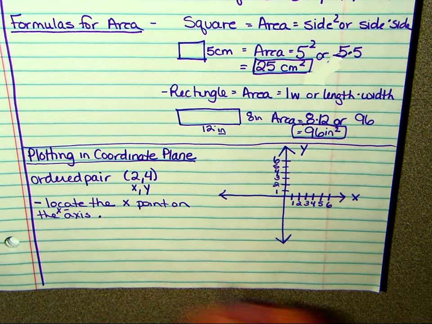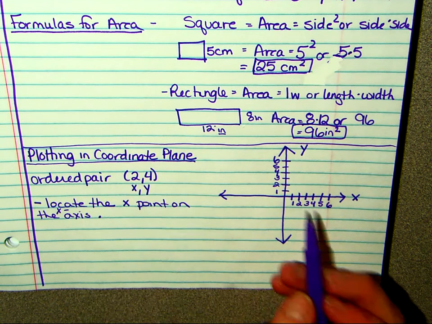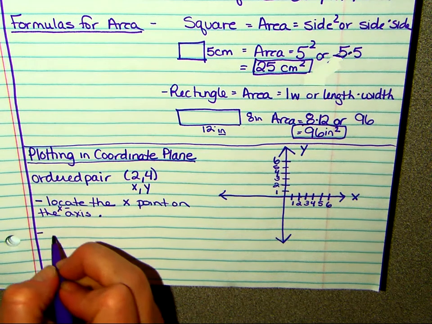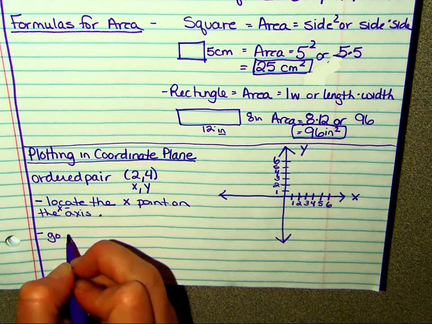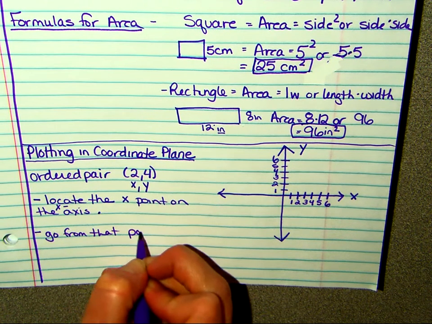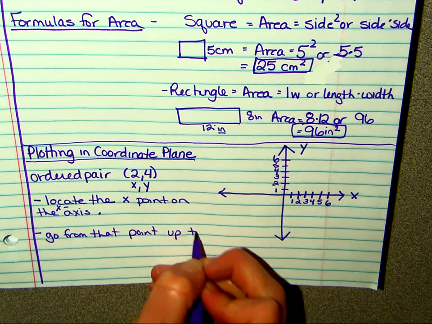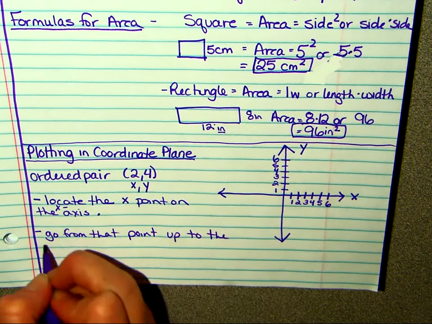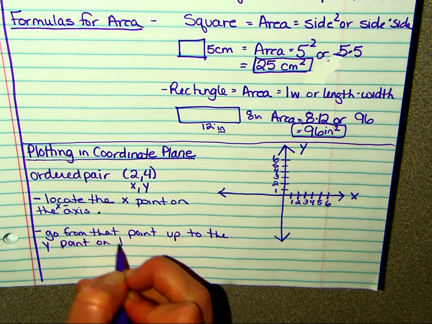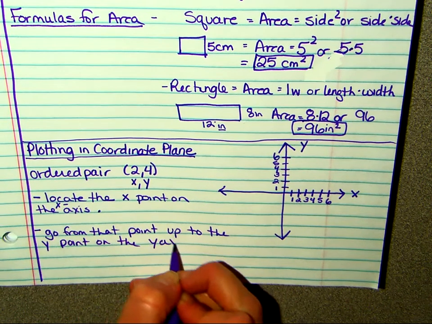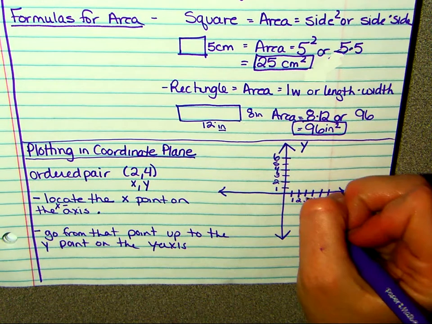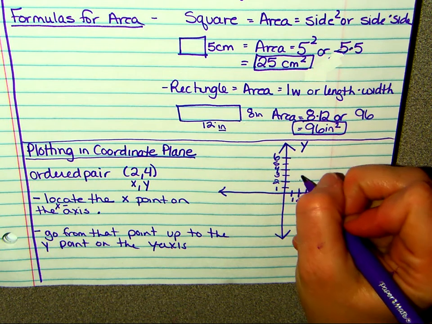So for this one where I have 2, 4, I would go over to 2, and then you would go from that point up to the Y point on the Y-axis. So I would go over to 2, up to 4, 1, 2, 3, 4, and I would make a dot.